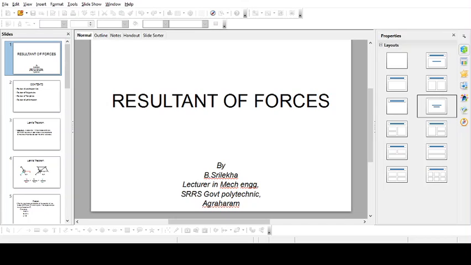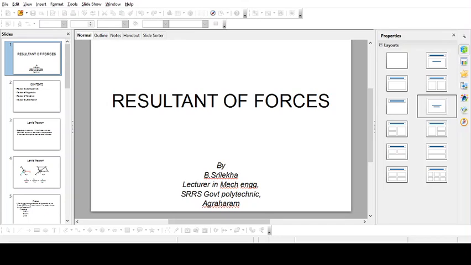We have also derived the equation for the resultant and the angle of the resultant, that is, its direction. The magnitude of the resultant R is equal to the square root of P square plus Q square plus 2PQ cos alpha, where alpha is the angle between the two forces and P, Q are the two forces.